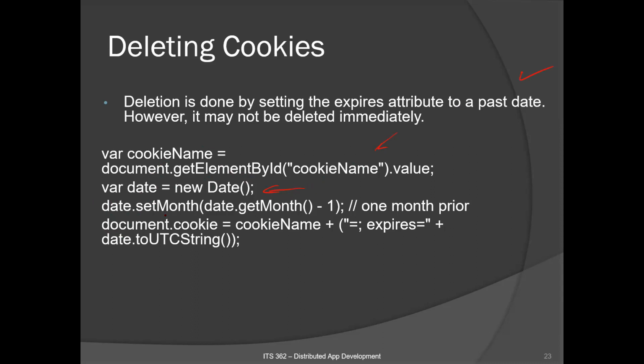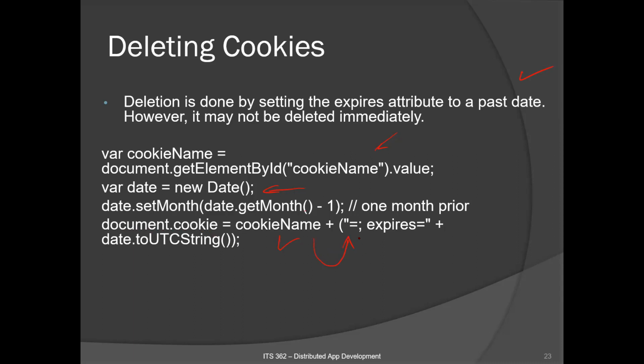Then we can say date.setMonth, and then easily we get month minus 1, because it's going to be a numeric thing. So if it's 3, it'll be 3 minus 1, so it's 2, and so that's going to be in the past, 1 month prior. So that gives us a way of setting the date, and then now we can just go into document.cookie called cookie name. Notice that we don't really care about the value it has because we're actually going to delete it.